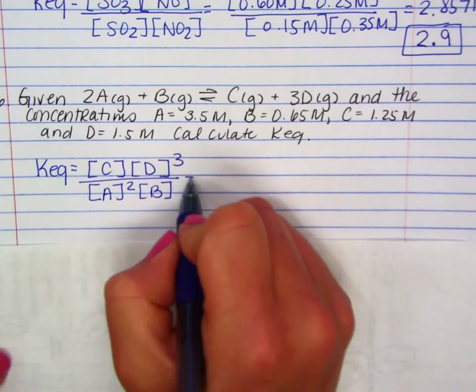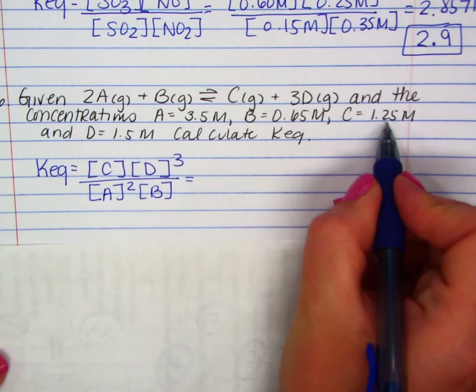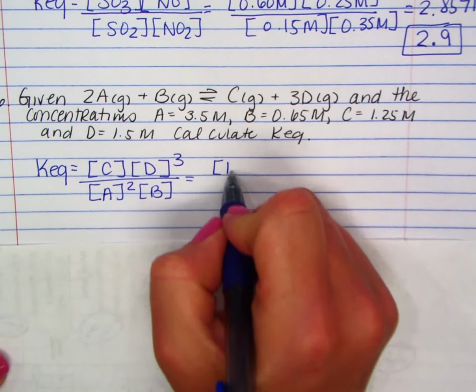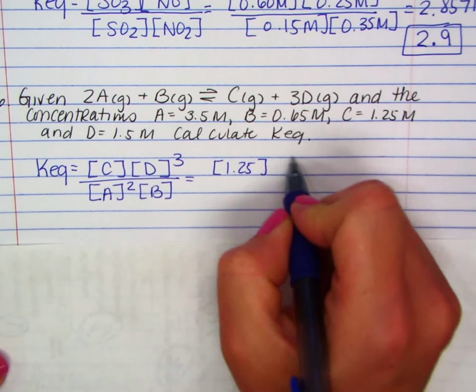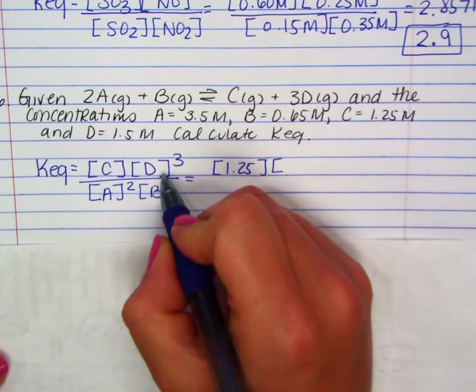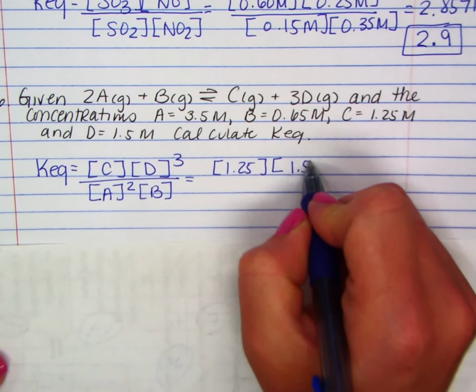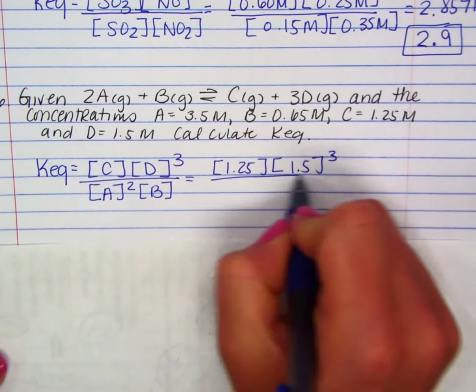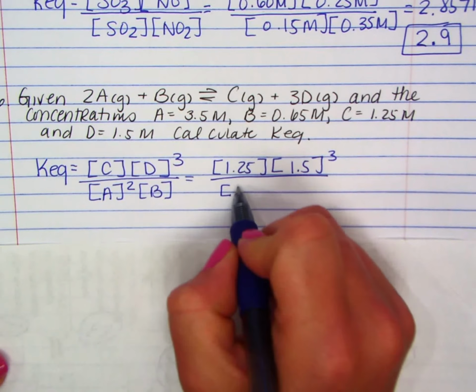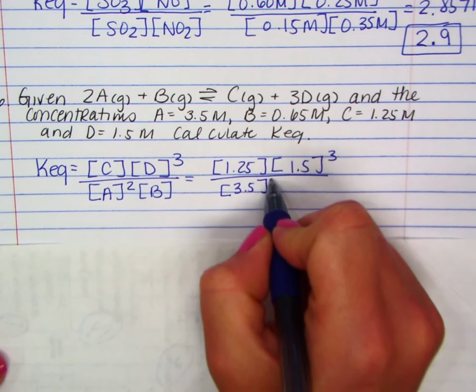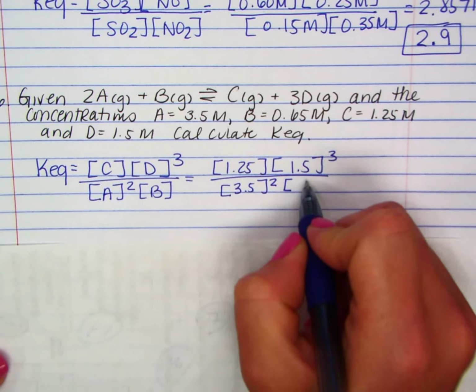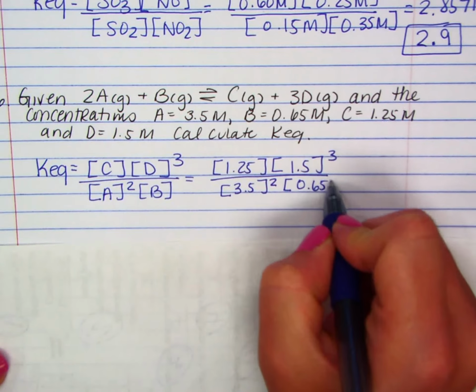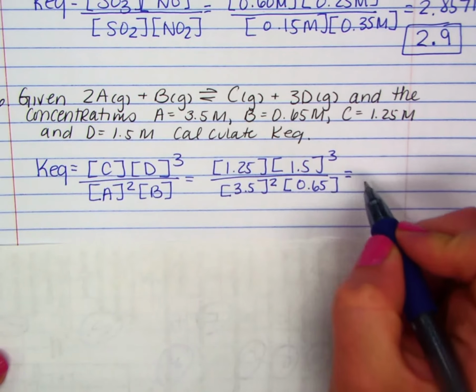Okay, now I'm going to plug in. So for C, I have 1.25, D, 1.5, remember that's raised to the third, over 3.5 to the second, and 0.65. Okay, so plug in.